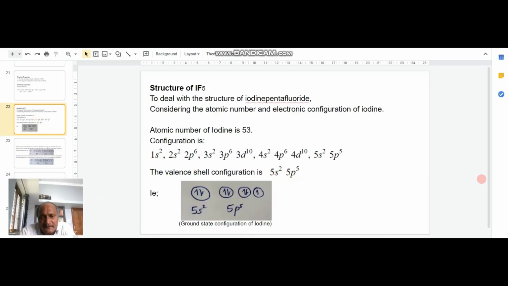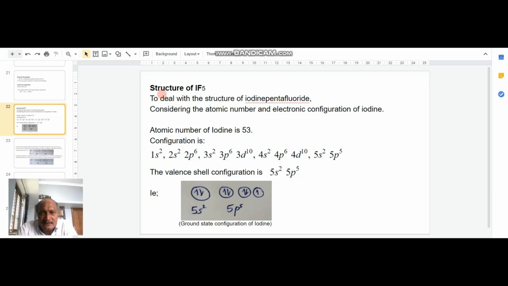So after the physical and chemical properties of iodine pentafluoride, now I would like to discuss the structure of iodine pentafluoride, which is an important aspect of the discussion.